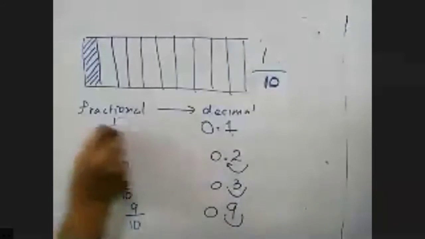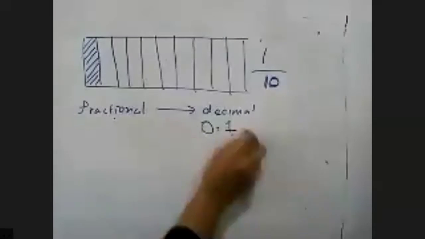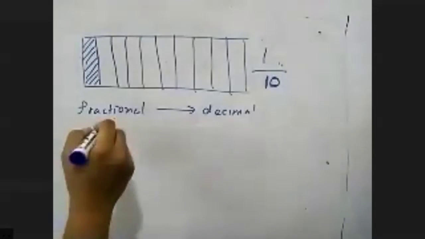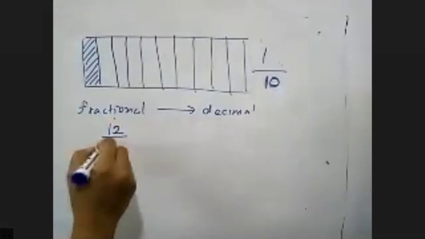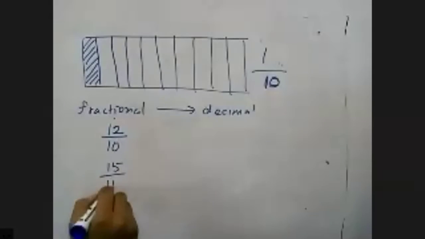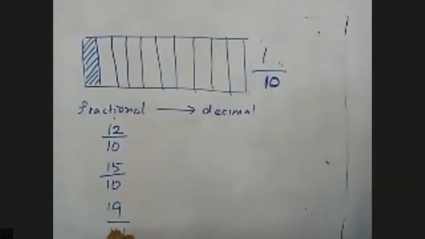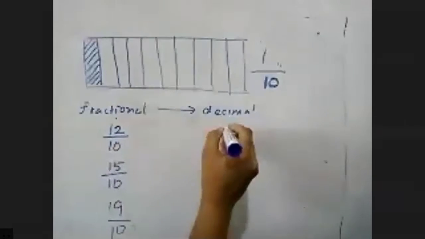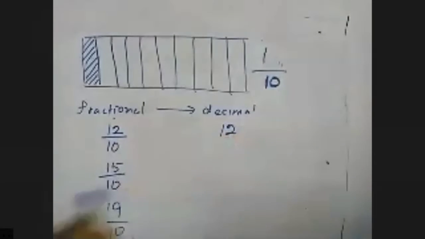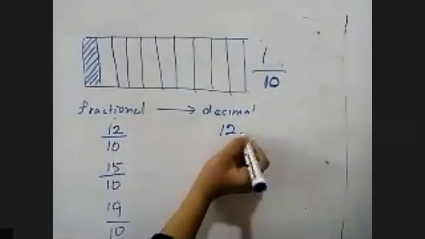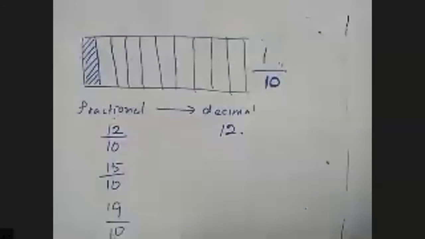But just imagine you are given numbers, for example, 12 over 10, 15 over 10, 19 over 10. Now look at the board. 12 is my numerator. I write it. It is a whole number. I write my decimal point here. Now for this 12, the decimal point is there. I can carry it only 1 time to the left-hand side.